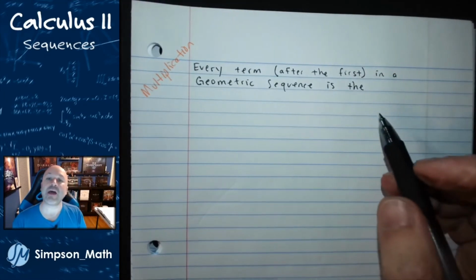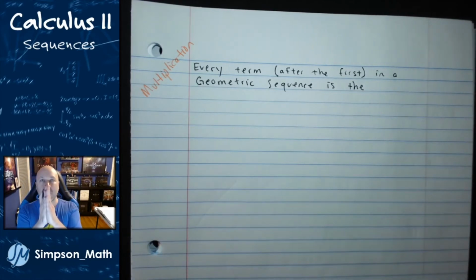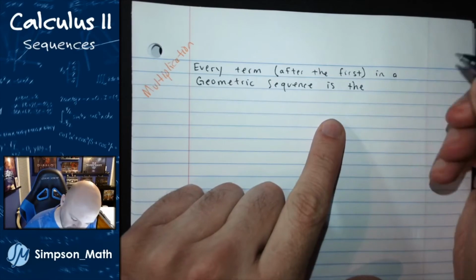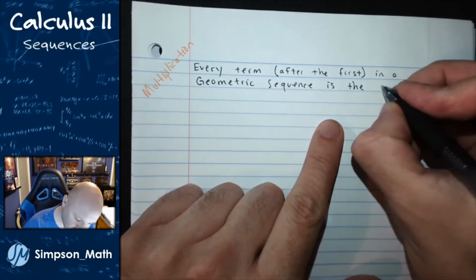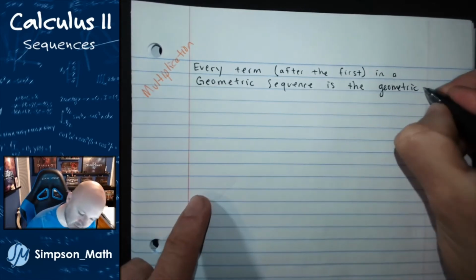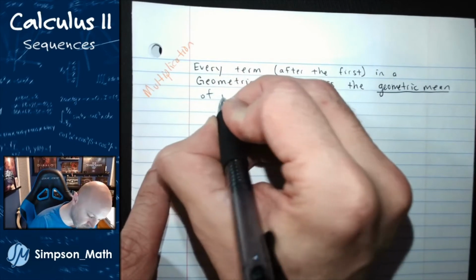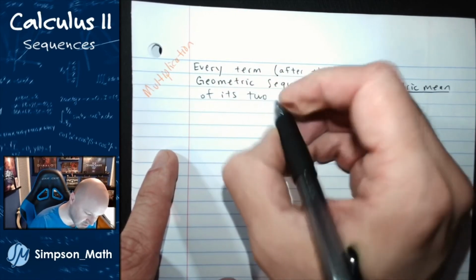So in an arithmetic sequence, for every term, if you found the arithmetic mean of the two adjacent numbers, you'd get that term. Here, it's a geometric mean. Now, you probably haven't worked with that before, so let's play with it. Here is the geometric mean of its two adjacent terms.